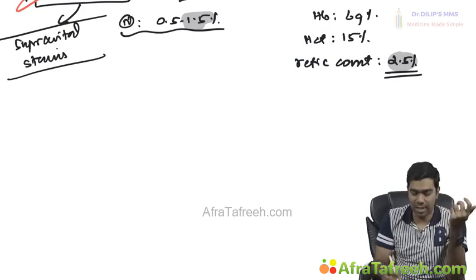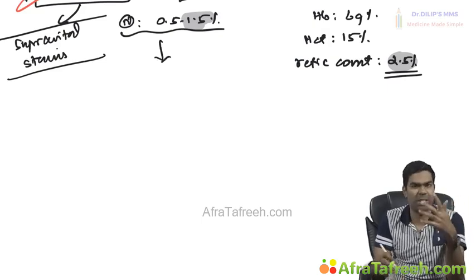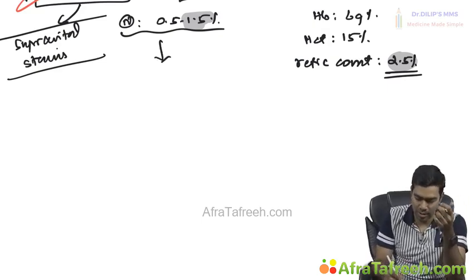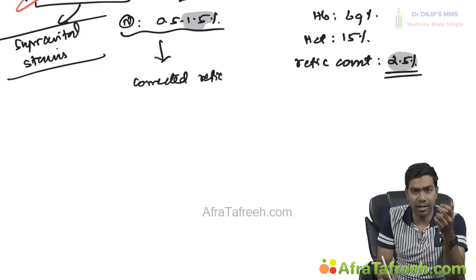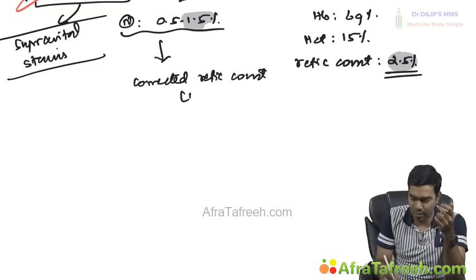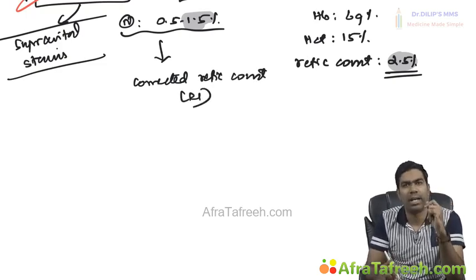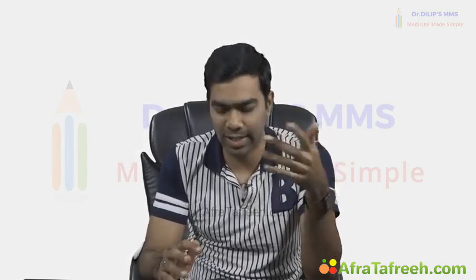That is the reason why there is another index that you have to measure, especially in times of anemia, that is called a corrected reticulocyte count, which is otherwise referred to as the reticulocyte index. The moment you call it a corrected reticulocyte count or reticulocyte index, there is a formula for that.